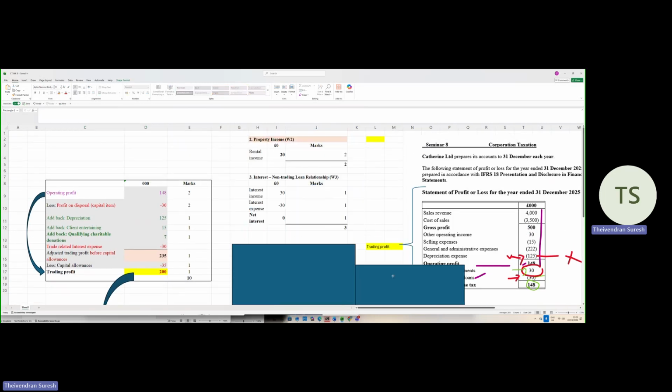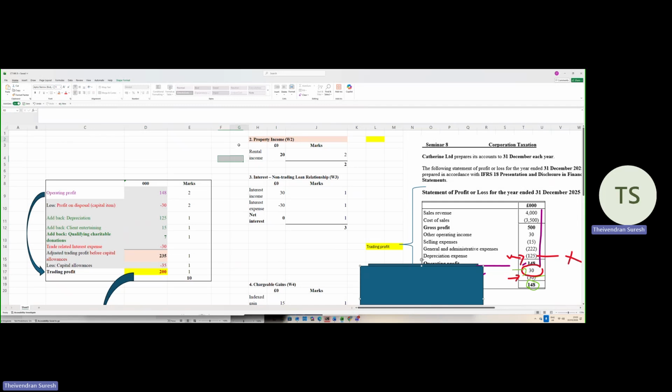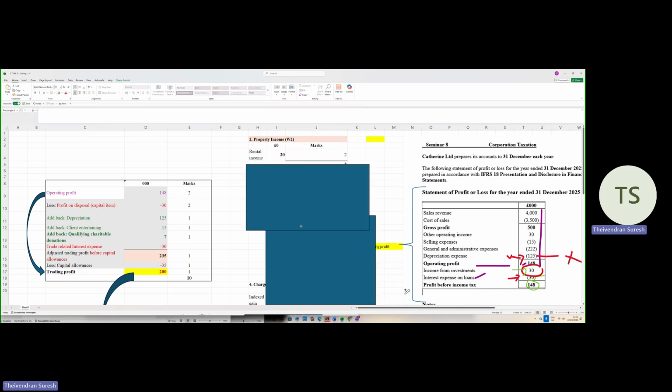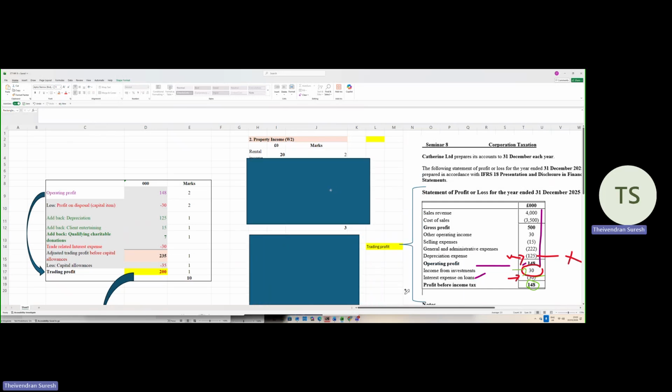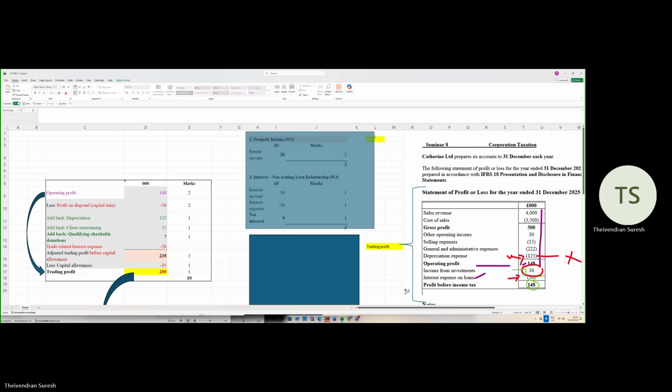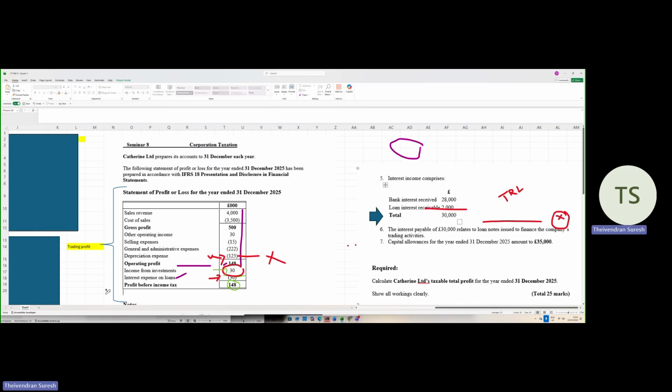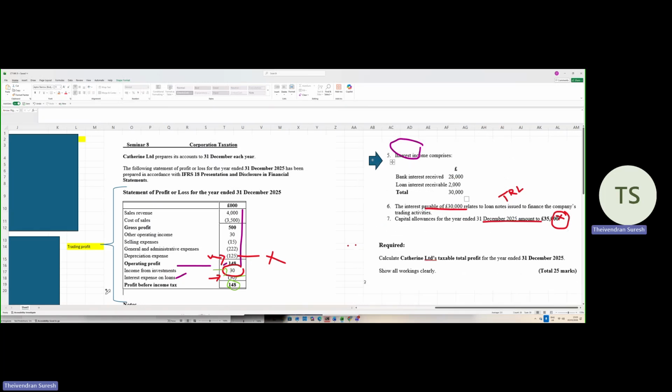There are workings there. I've done these workings. You can simply explain the workings one by one. In this example, the only one that you need to remember is this interest income, Note 5. This interest income is not part of these expenses.